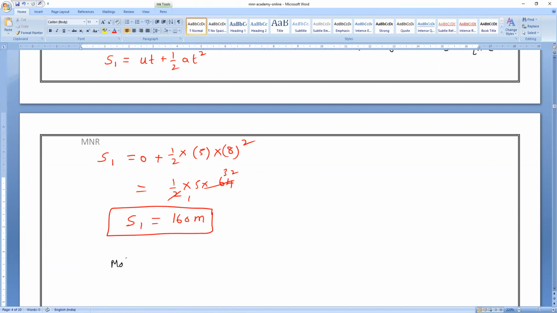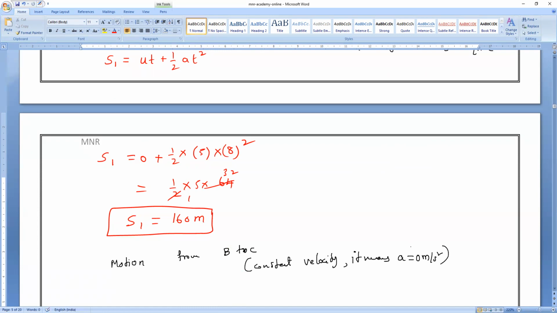Now, motion from B to C. Let me take that point as B, and B to C. It is traveling with constant velocity or constant acceleration? Constant velocity means acceleration is zero. Acceleration is 0 meter per second square.